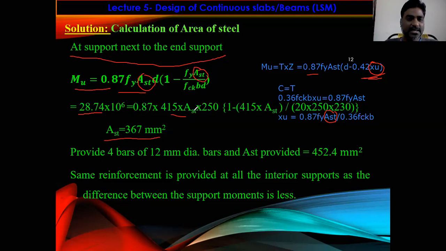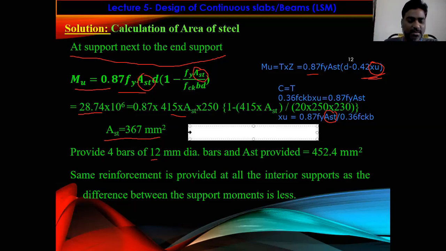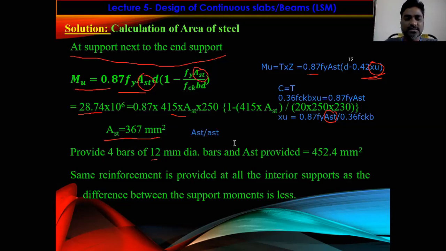Then assume the diameter of the bars, that is 12 mm dia bars, and determine the number of bars. Number of bars can be determined by AST by small ast, that means the area of a single bar. From this I got 3 point some value.